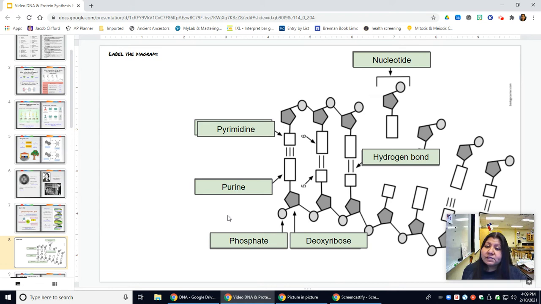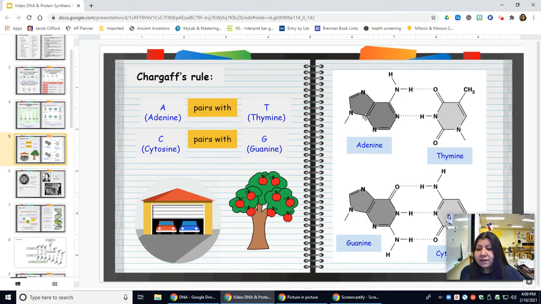I could also go a step further by looking at my hydrogen bonds. So my hydrogen bonds are what connects the bases together, and I can see right here I have 3 hydrogen bonds. Well, if I go back to slide number 5, I can see between adenine and thymine, there's 2 hydrogen bonds, and between guanine and cytosine, I have 3 hydrogen bonds.